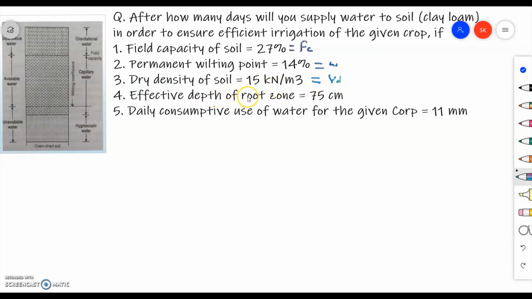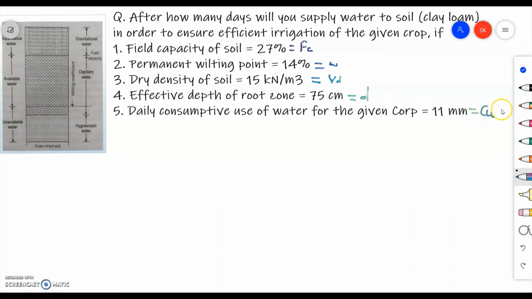Then effective depth of the root zone, that we can mention as D.